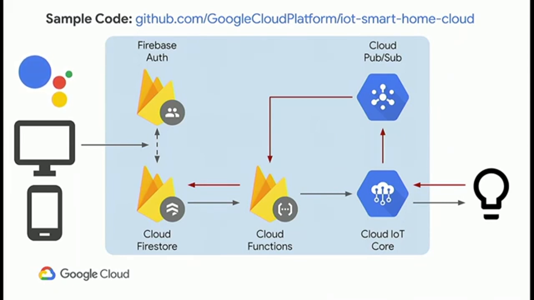So this is an example architecture using services from the Google Cloud platform, as well as from Firebase, that we use to fulfill the requirements for the smart home use case. Now, the sample code for what I'm going to show you is on GitHub, so I recommend that you take a look at that after the talk.